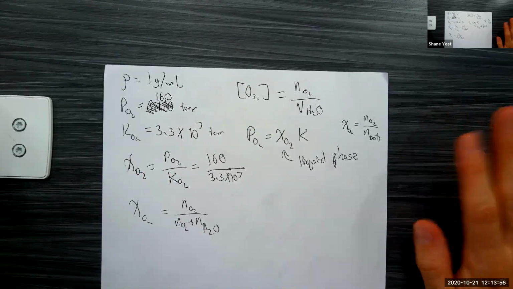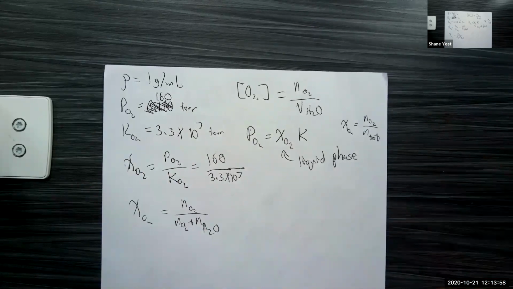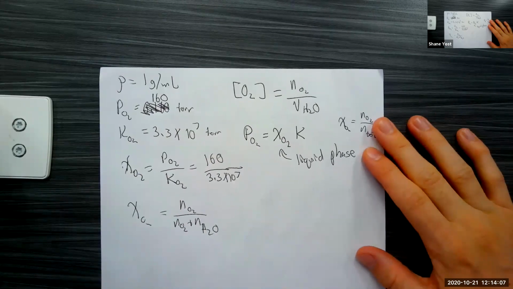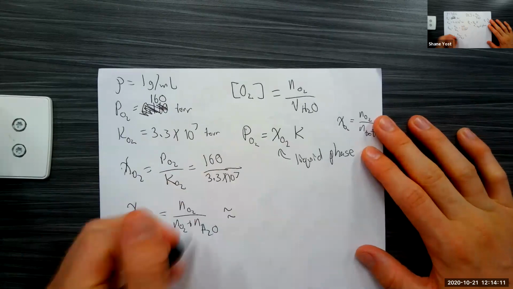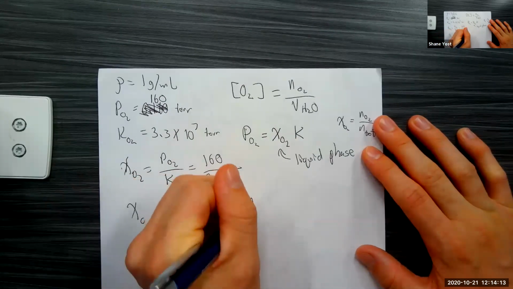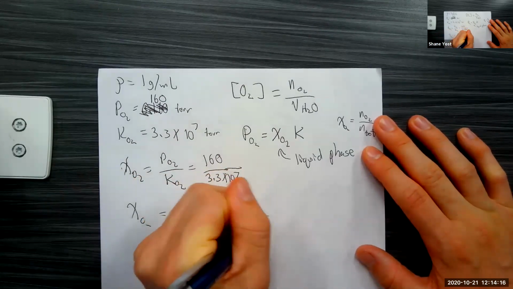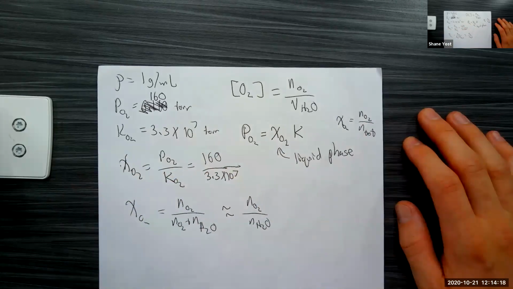So you could do this without assuming some total volume of solution, but it will make life a little bit easier if we do assume a total volume. I will approximate this, and we'll see it's a very reasonable approximation, that this mole fraction is roughly NO2 over NH2O. That makes our life a little bit easier.